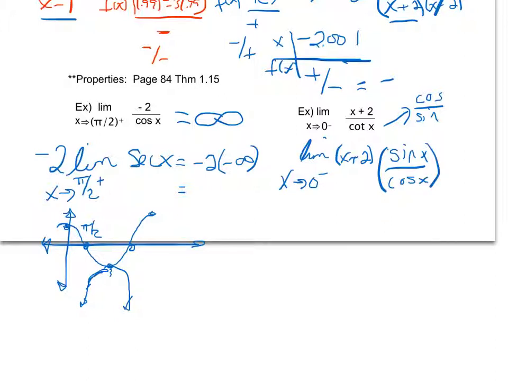Now, because I have a product, I can separate these, and I get the limit as x approaches 0 from the left of x plus 2 times the limit as x approaches 0 from the left of sine x over cosine x.